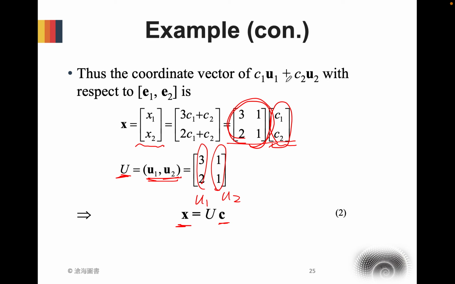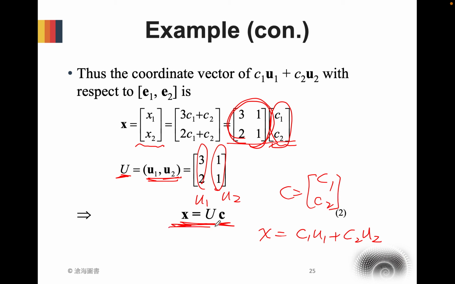Okay, so go back to this equation. What does this equation mean? This means originally we represent the vector x as a combination of C1U1 plus C2U2. So C is equal to (C1, C2), right?